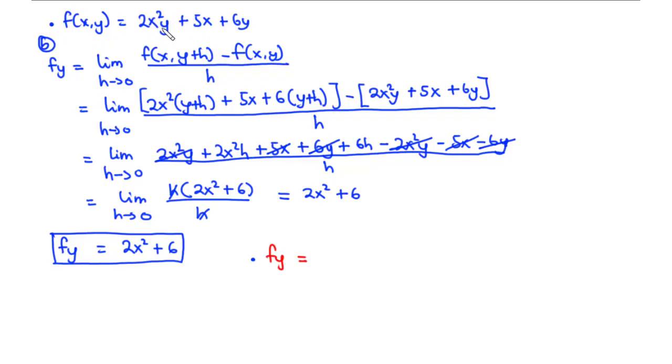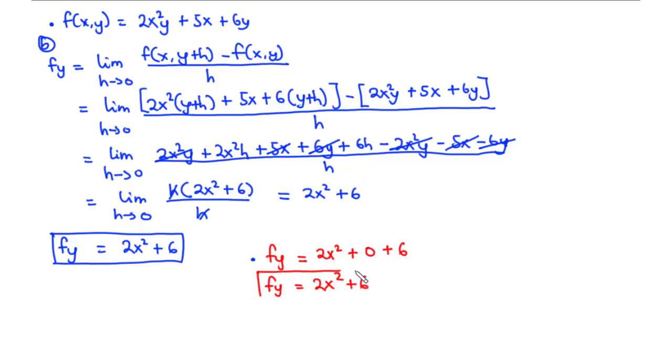We differentiate y with respect to y, and that gives us 1. So 1 times 2x squared is 2x squared, plus we differentiate this constant, so it goes to 0, plus we differentiate 6y, and then we have 6. Therefore we have fy equal to 2x squared plus 6.